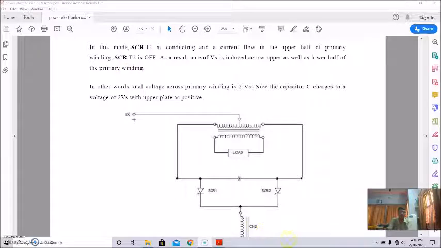HCR2 is off. As a result, an EMF Vs is induced across the upper half as well as the lower half of the primary winding. In other words, the total voltage across the primary winding is 2 Vs.